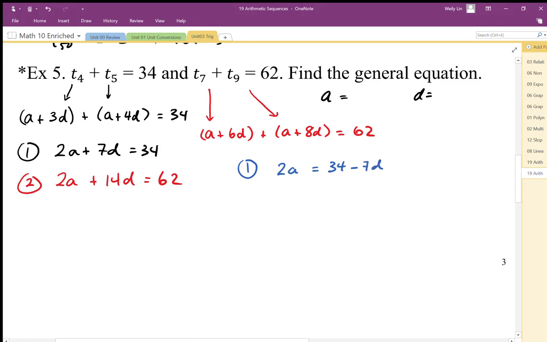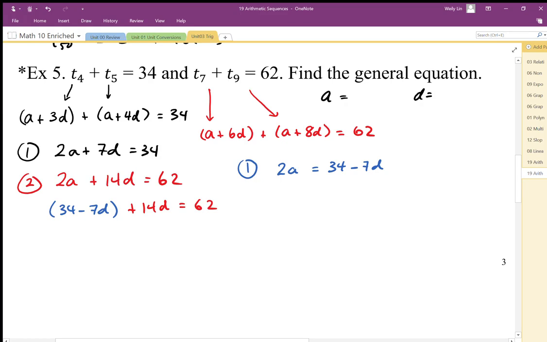So I've just taken away 7d from this side and taken away 7d from this side. If I can say that 2a is equal to this, I can replace this 2a over here with the same thing. This is a like for like replacement. So I've replaced this 2a here with 34 minus 7d. And then I have 14d equals 62.